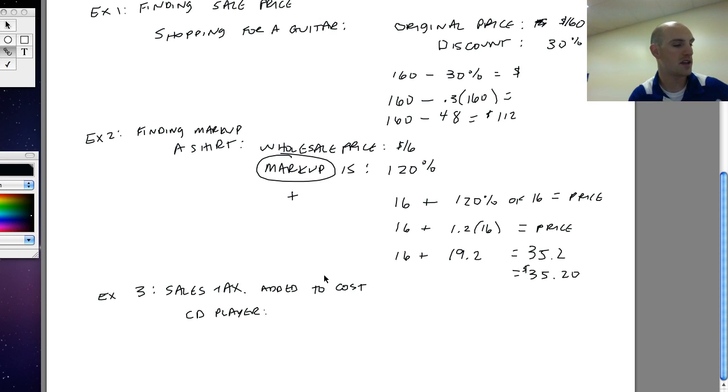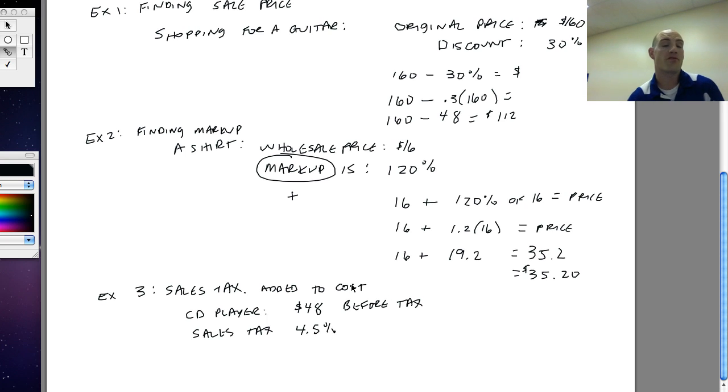So when we calculate a CD player, you guys may not even know what that is. It's $48. So it's $48 before tax. Sales tax is 4.5%. Well, if I've got 4.5% added on to the end, that's going to be something I need to calculate.